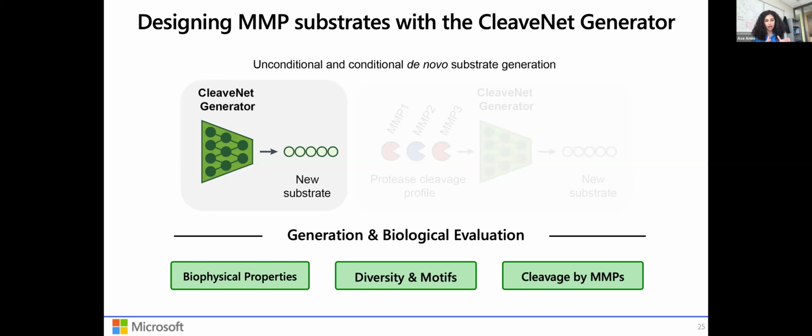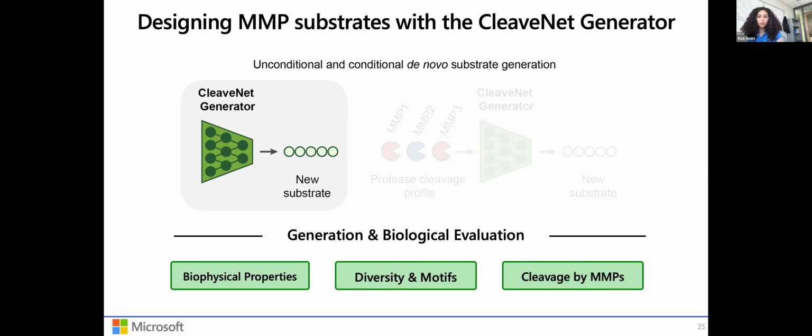And so that really guided us in thinking about, first, whether these sampled substrates from the CleaveNet generator exhibited the biophysical properties that we would expect from peptide-based protease substrates, whether they were novel and diverse, but also whether they recapitulated known cleavage motifs that we know to be very important in driving the recognition of these peptide substrates by MMP proteases.